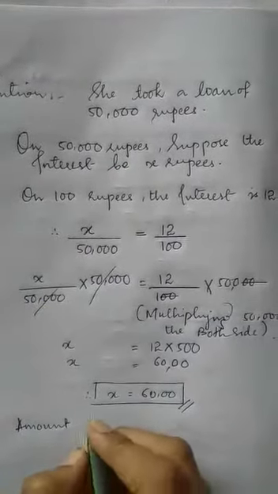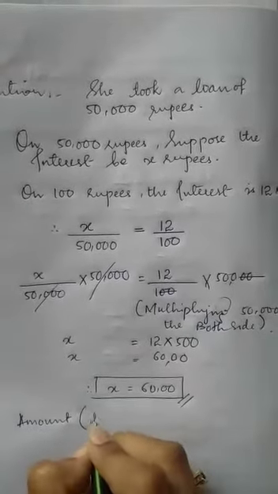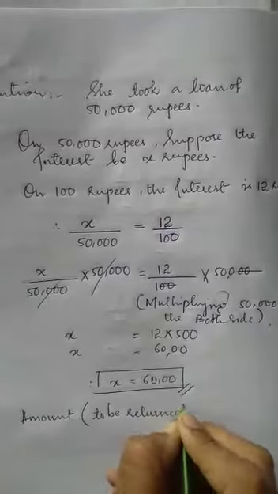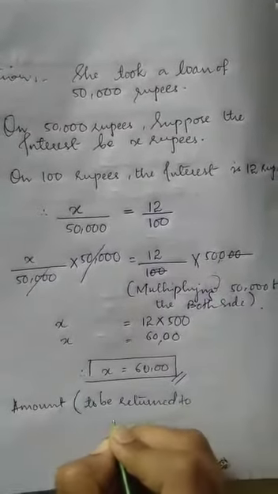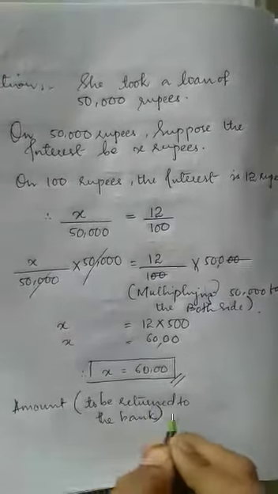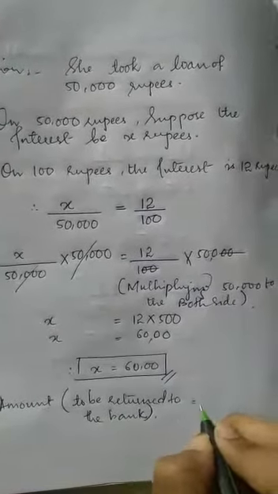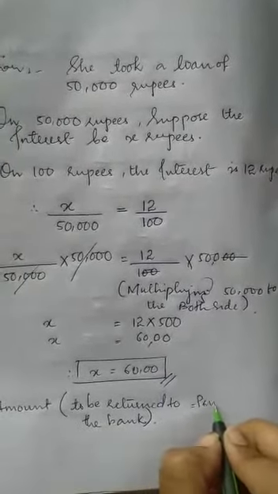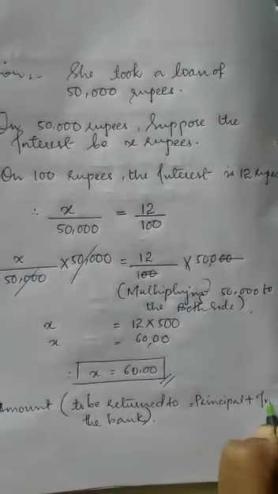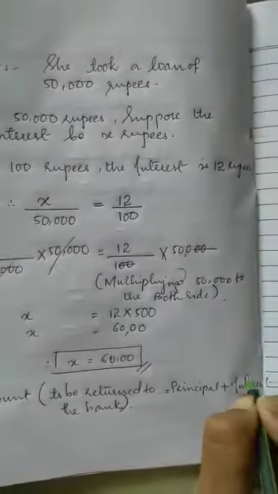So this amount is what we have to return to the bank. Okay, amount is equal to, in this we have to add principal amount plus interest.